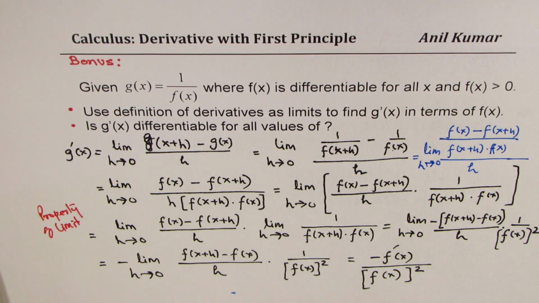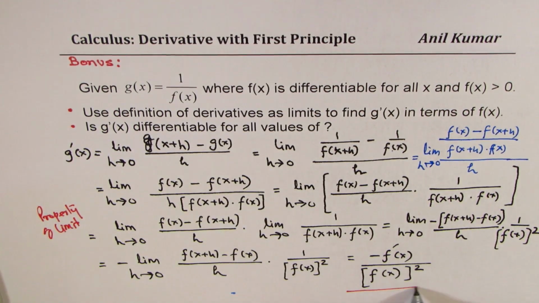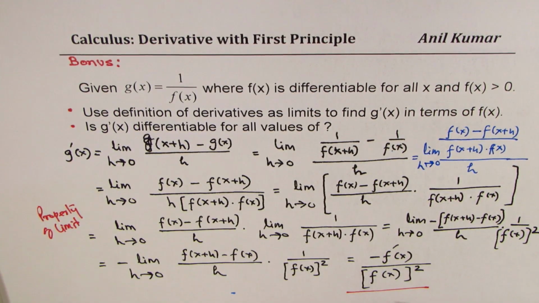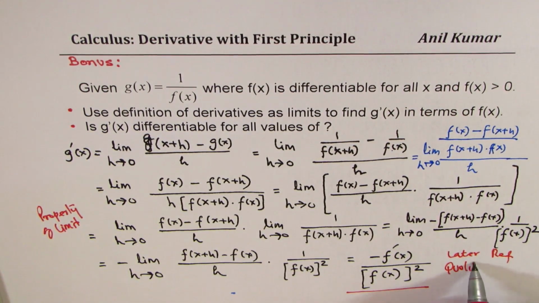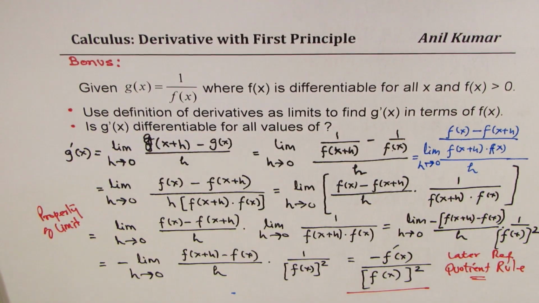This is a very important conclusion. Later, when you learn the quotient rule, you will understand it could be derived from the quotient rule also. So that is for later reference, just to remember. I hope that makes sense.